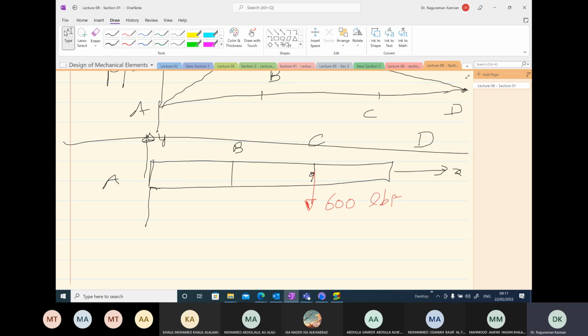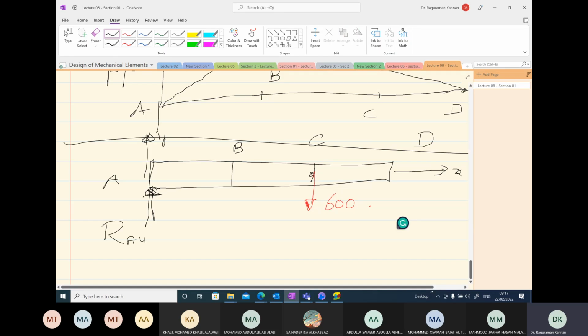I'm not going to write the units. Then we have the reaction force at point A in the y direction, so I'm going to write it RAY. And at point D, I'm going to assume it is simply supported, RDY. So again, write the equations. RAY plus RDY equal to 600.